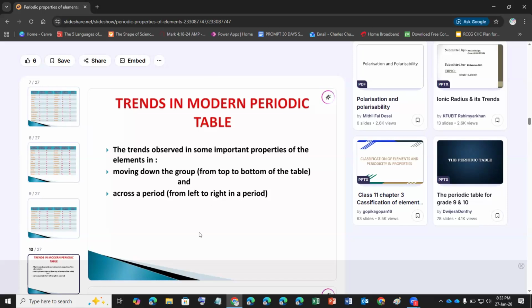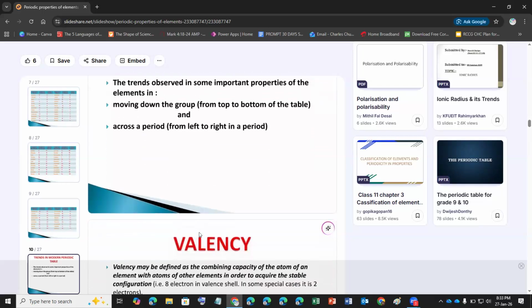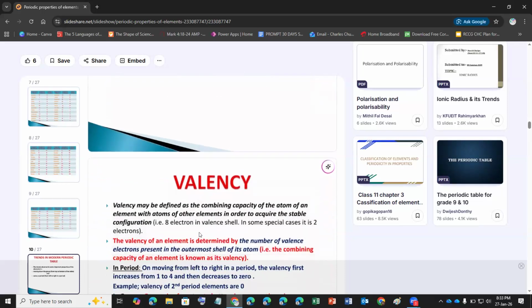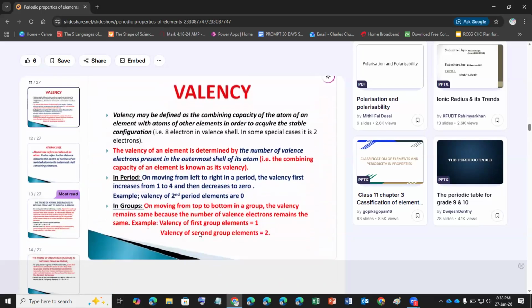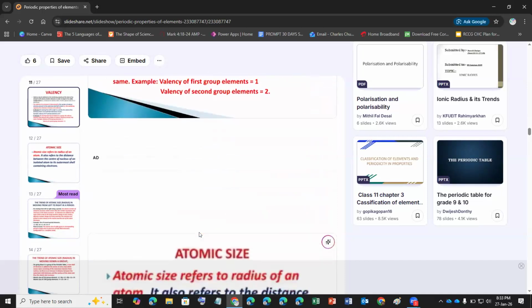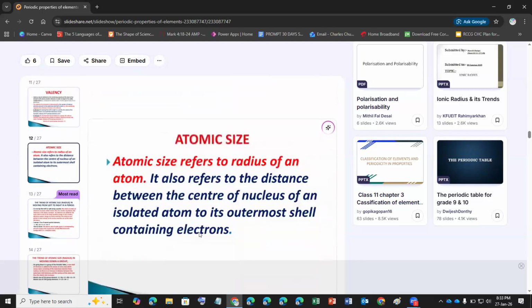A row is considered as a period, while a group is considered the vertical class of elements. Okay, let's start with atomic size.